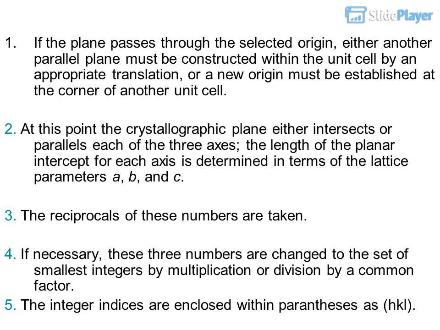The length of the planar intercept for each axis is determined in terms of the lattice parameters a, b, and c. 3. The reciprocals of these numbers are taken. 4. If necessary, these 3 numbers are changed to the set of smallest integers by multiplication or division by a common factor. 5. The integer indices are enclosed within parentheses as (hkl).